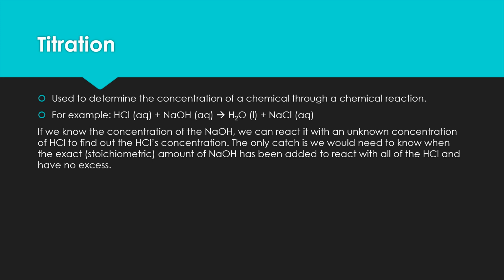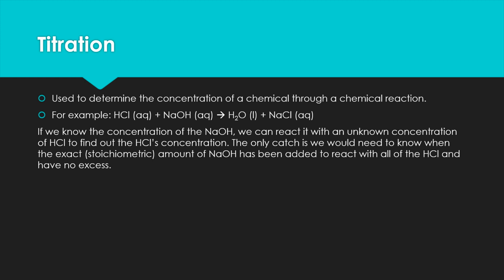Now, if we know the concentration of the NaOH, we can react it with an unknown concentration of HCl to find out HCl's concentration. The only catch is that we would need to know when the exact stoichiometric amount of NaOH has been added to react with all of the HCl and have no excess.